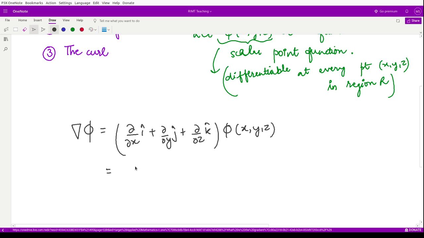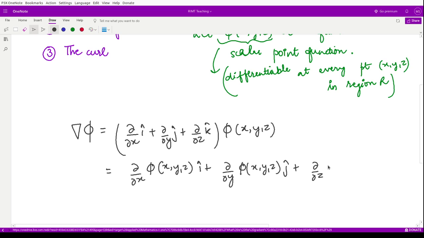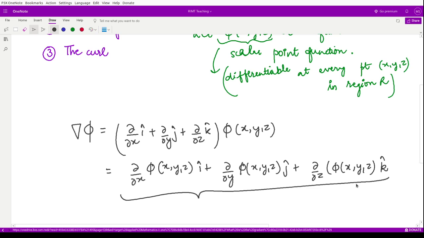You can write this as del by del x of phi of xyz i cap plus del by del y of phi of xyz j cap plus del by del z of phi of xyz k cap. So this is actually a vector quantity, right? This is a vector point function.